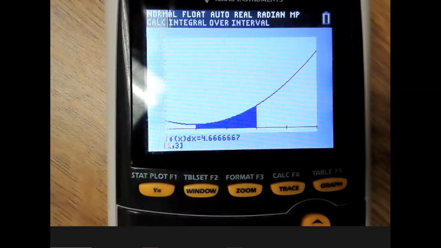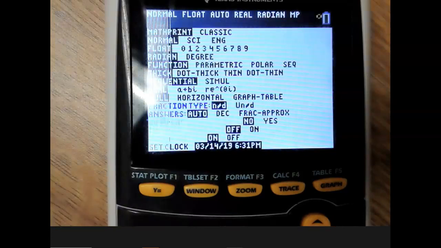So this area would be 4 and 2/3, or 4.6 repeating, and just make sure you put the repeating bar above it. So I'm going to say on my calculator screen, you just need to make sure you fill that in on your notes, because I'm not going to go back and forth. I also want to show you how you could do this without graphing it. So hit second quit, go to your home page.